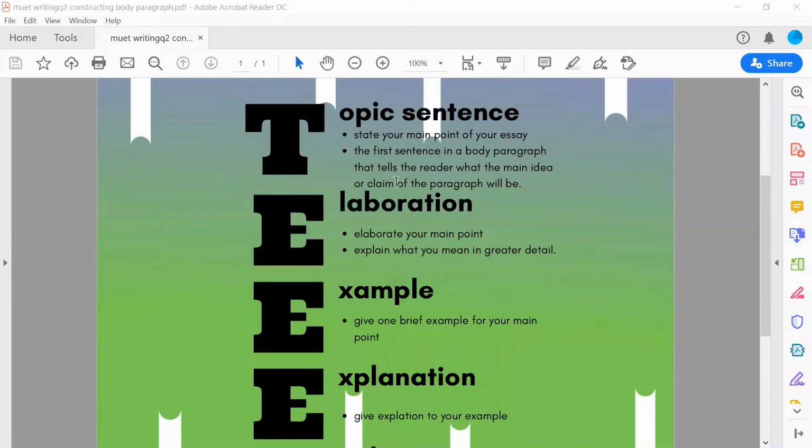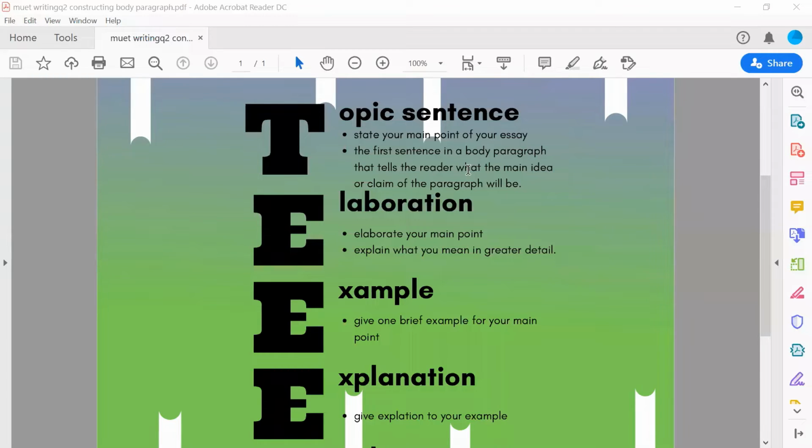Okay. Now, topic sentence is basically you state the main point of your essay. What are you going to talk about? Basically, if the thesis statement frames the essay, the topic sentence frames your body paragraph. So each body paragraph, you frame it with your topic sentence. What is the main idea you're going to talk about?